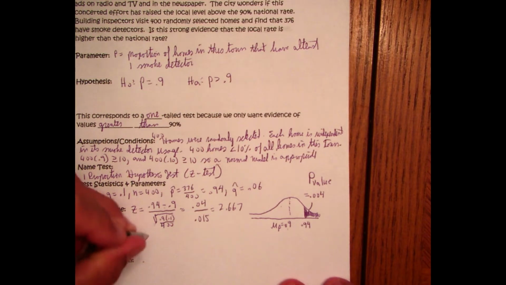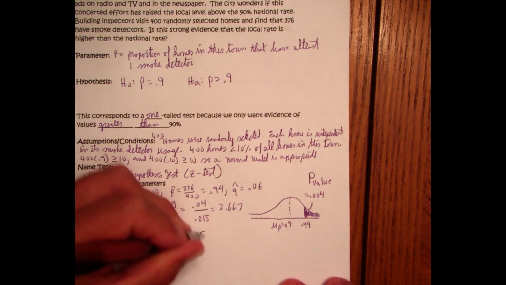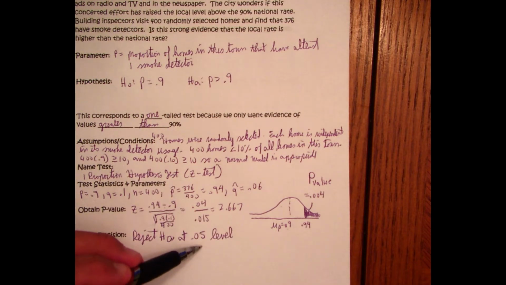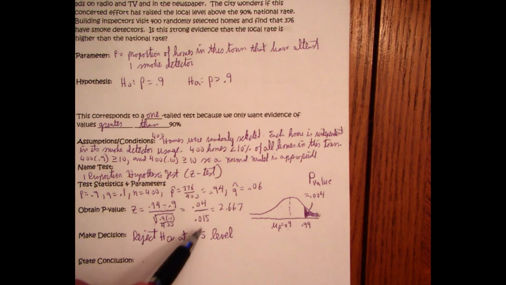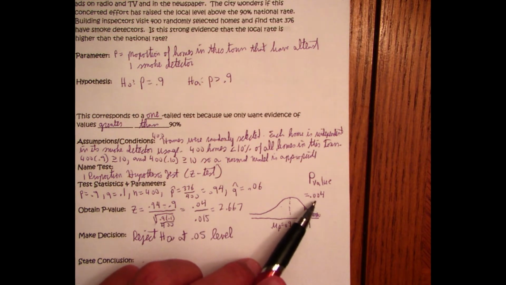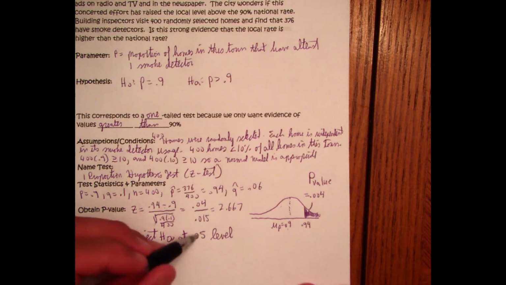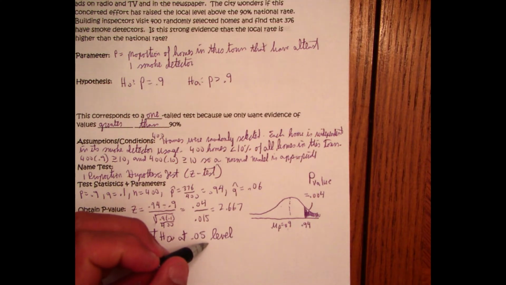So what we're going to do here is reject H sub 0 at the 0.05 level. Now this level can change. I could make it the 0.1 level, and I'd still reject it because this is below 0.1. I can make it the 0.01 level, and I'd still reject it. But they didn't tell us, so we're going to do it at the 0.05 level. Now, what's our conclusion? I compare this big p-value to my 0.05, and it's much lower.